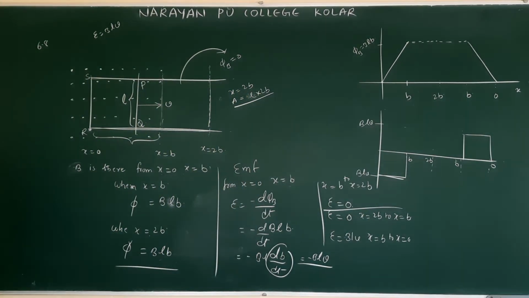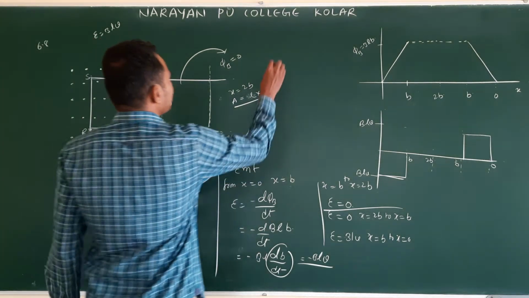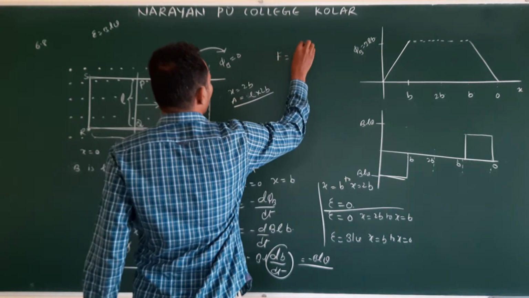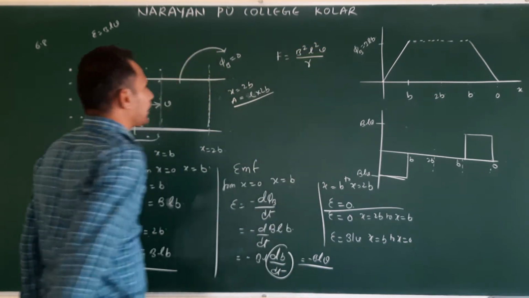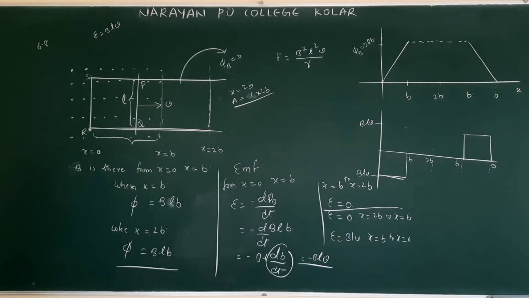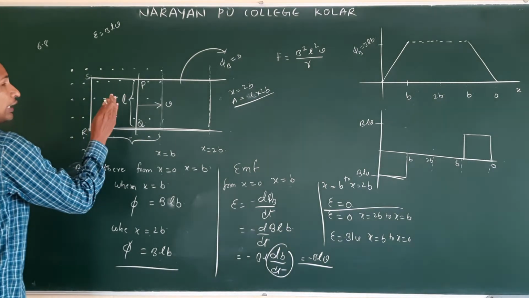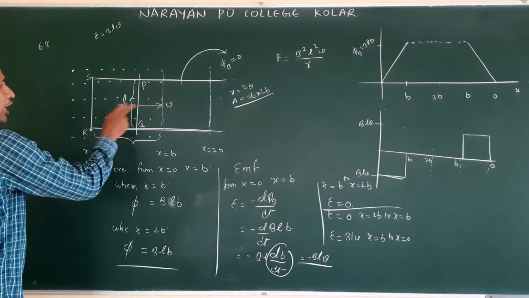Same, next question, what did they ask? Force. We have already seen the force formula: force F is equal to B square L square V by R. In the previous discussion, I already mentioned that force always acts opposite to the velocity.